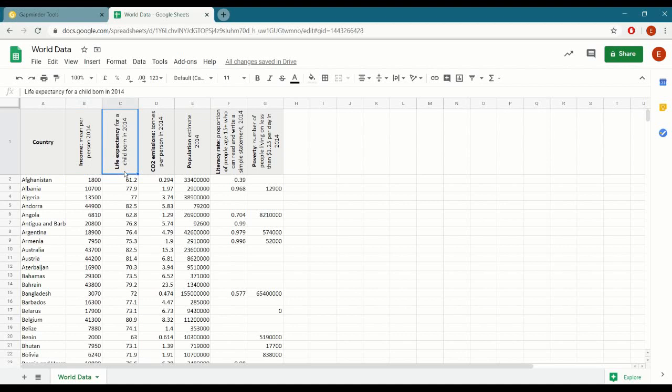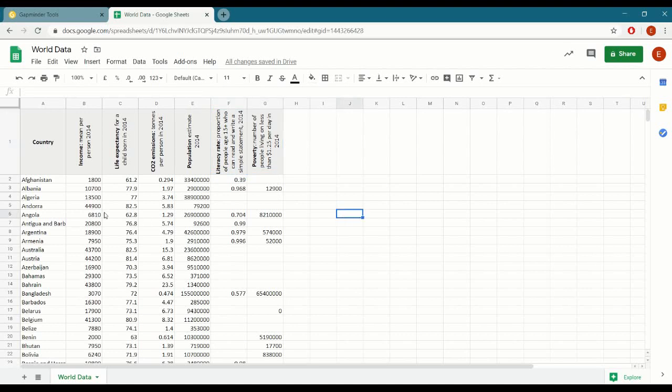But maybe life expectancy correlates more strongly with one of the others. Or does literacy rate have some sort of correlation with poverty? If the literacy rate in a country was greater, what would you imagine that had an effect on the number of people in poverty in that country?